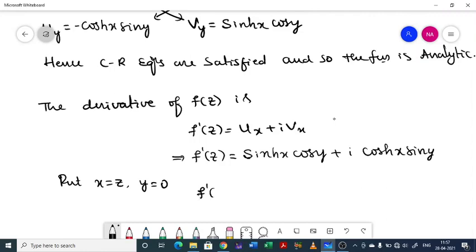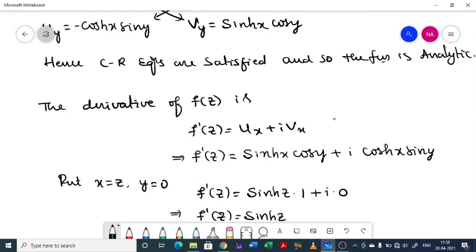Then f dash of z will be sin hz into cos 0 is 1 plus i into cos hz sin 0. Sin 0 is 0, so this whole thing will be 0. So we get f dash of z equal to sin hyperbolic z.